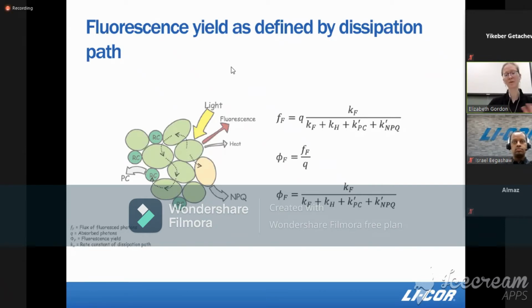You can think about fluorescence yield either as everything has to go somewhere, or in terms of rate constants, which is this particular slide. Some people prefer to think about it the first way, some people prefer the second way. Whichever one works for you to help you understand where those electrons are going, that's fine.